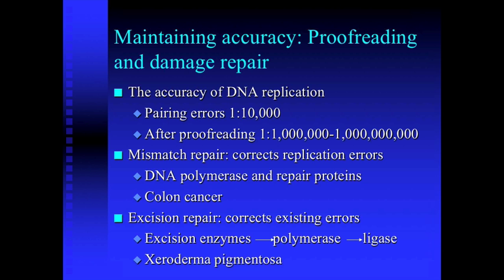Colon cancer I put in particular because we have actually identified patients with colon cancer that have a mutation in those repair proteins, which means that they're not able to detect the errors that occur during DNA replication. So you are very much depending on the efficiency of these repair systems for detecting mutations, all right? And when they don't work, you see a higher incidence of cancers.